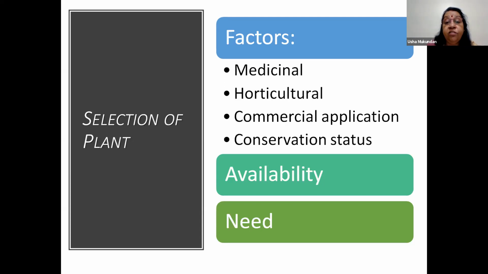Then those which are threatened species, you can conserve them and you can propagate them, bring them back to nature. So whenever endangered plants are there, then you resort to this technique so that you can conserve the plants. In addition to that, for doing some basic studies also, in vitro cultures become easy.